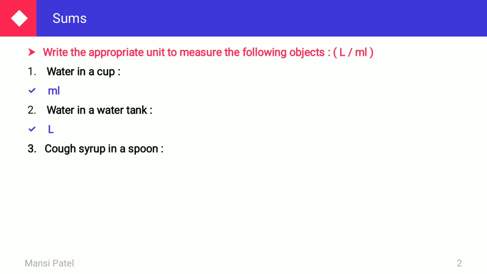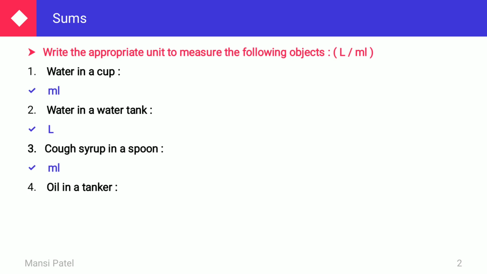The next, cough syrup in a spoon. Just think about the spoon. A spoon holds less amount of syrup, so that is measured in milliliter. Now next, oil in a tanker.